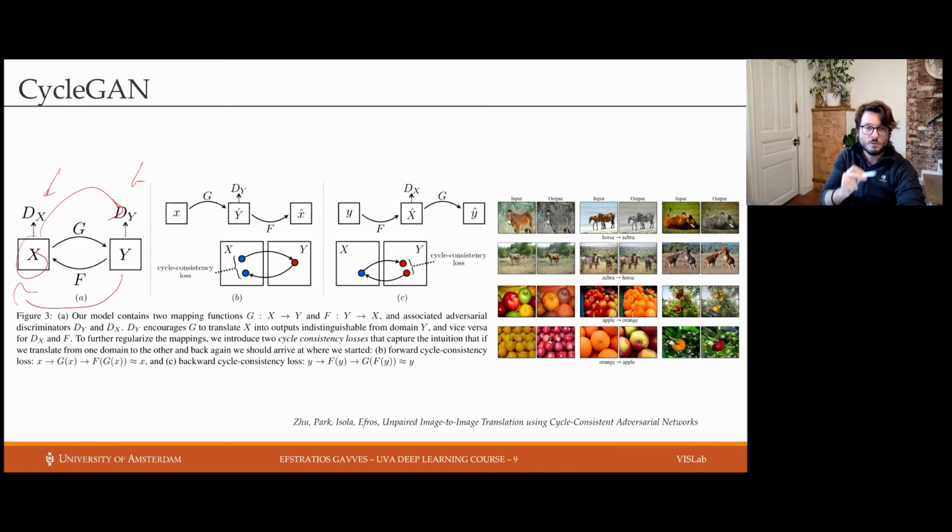And by doing so, we are closing the circle. Additionally, we can consider the cycle constraint that our back-generated x should be as close as possible to the original x itself. By making sure that these are close, we can have stronger constraints and more robust learning. The results for CycleGAN are very interesting. So if our input is horses, we can paint them to look like zebras.